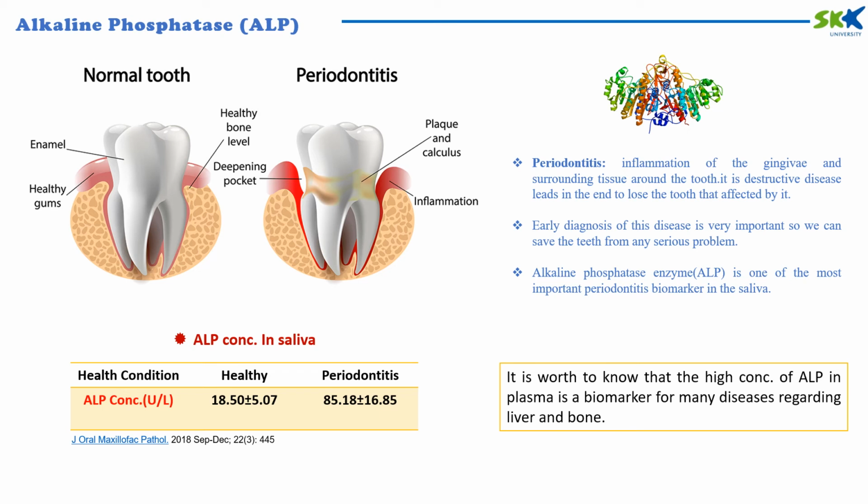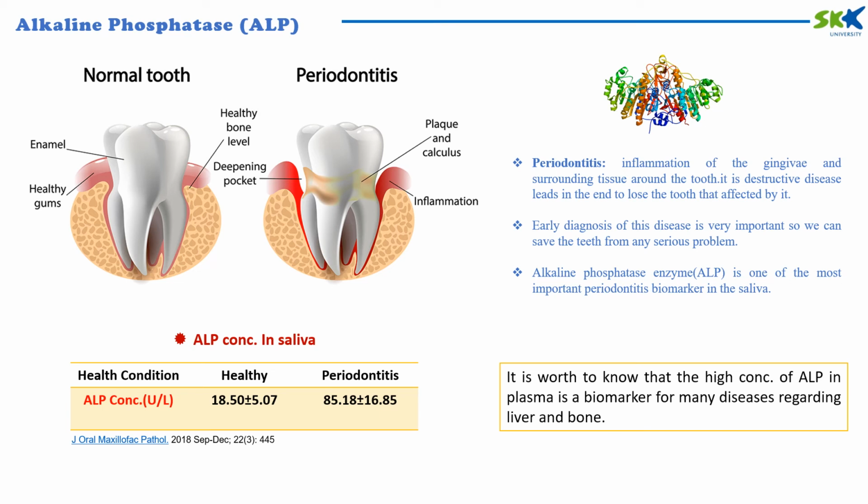The biomolecule that we are going to detect in this other scheme is alkaline phosphatase. ALP is a biomarker of periodontitis, which can happen in the tooth. What is periodontitis? It is inflammation of the gingiva, the tissue surrounding the tooth.